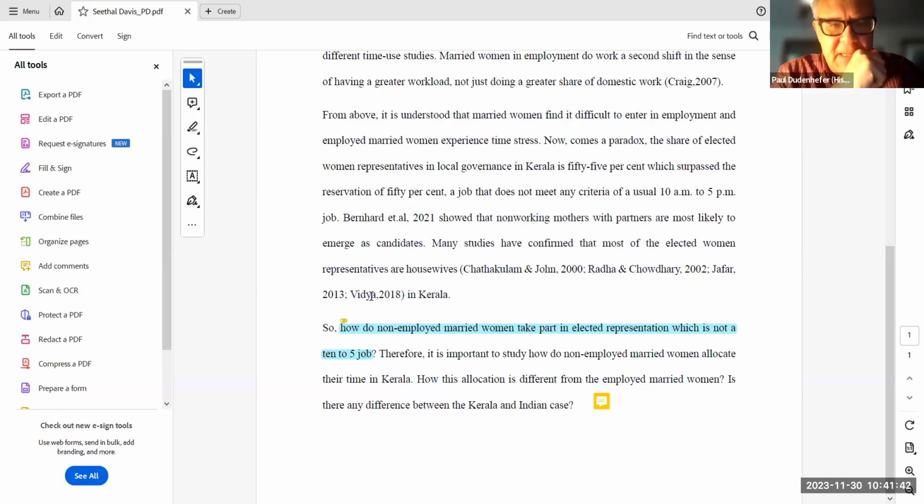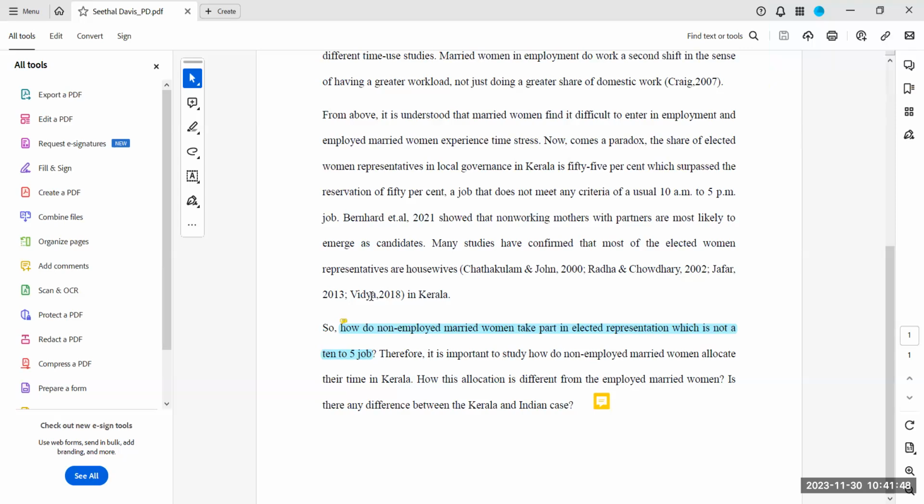Okay. And so, but you cannot see women in other political activities. Say that one more time. We see more women in elected representation, but we are not seeing more women in usual political activities.